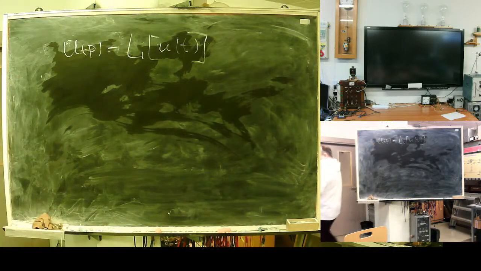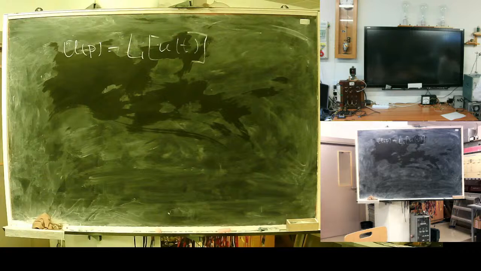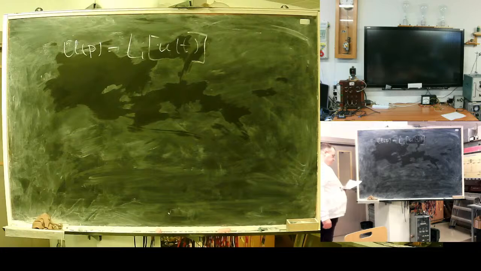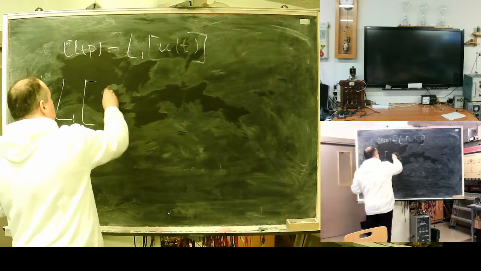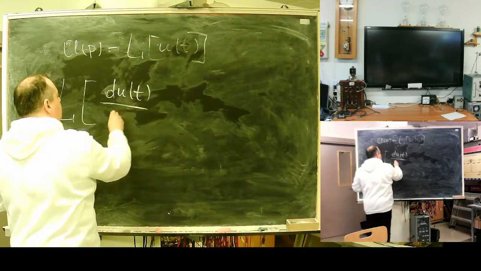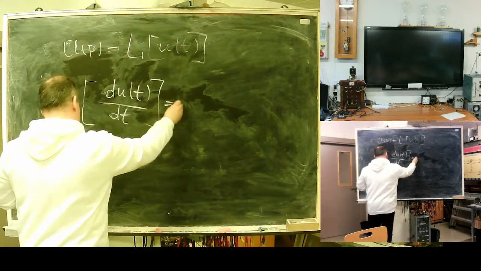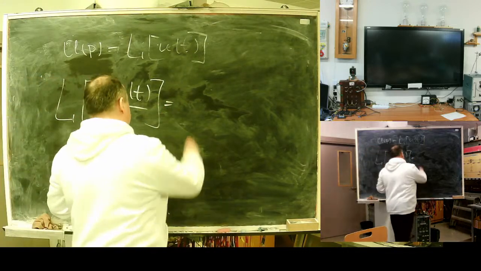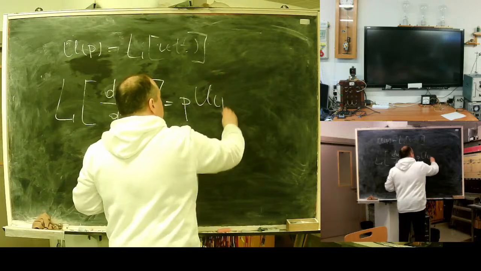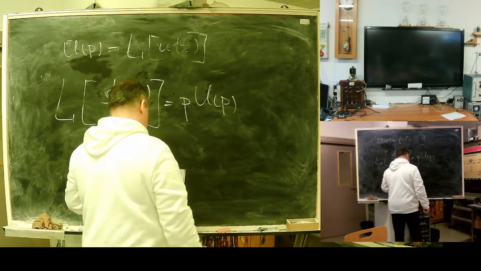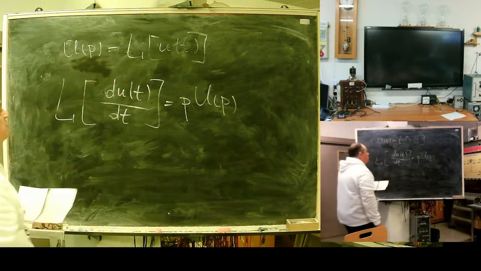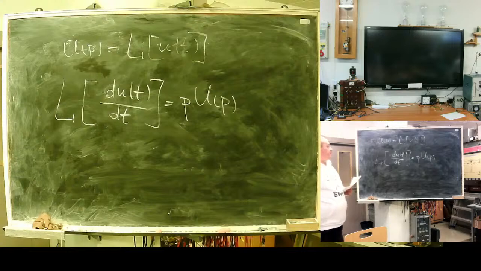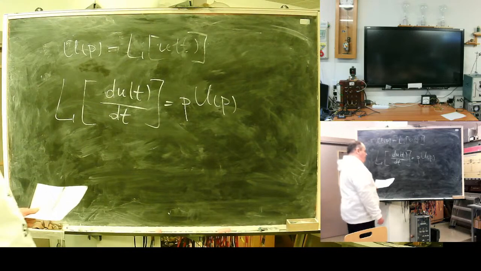What will we get if we take a derivative? Performing a Laplace transform on the derivative, we will get pF(p) minus f(0+). It's simple: to get the derivative, you just multiply by frequency.